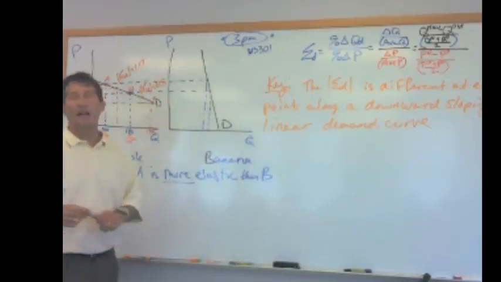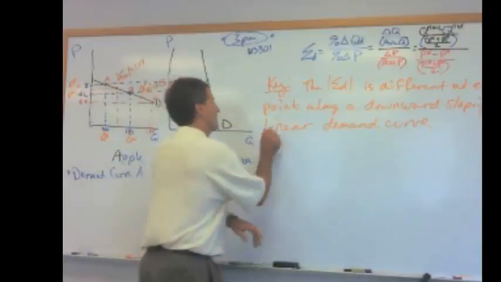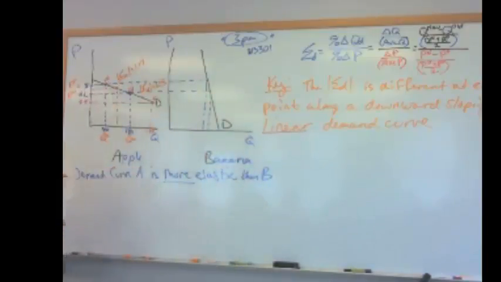Demand curves in real life are not lines, but for this class, they're pretty much going to be lines. Lines have constant slopes, which got us into our first little quirk of elasticities. Despite there being a constant slope, we have the elasticity changing.